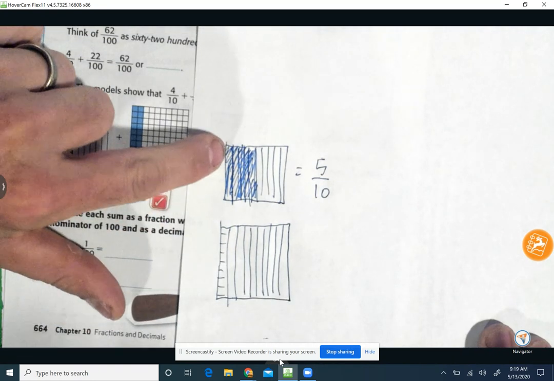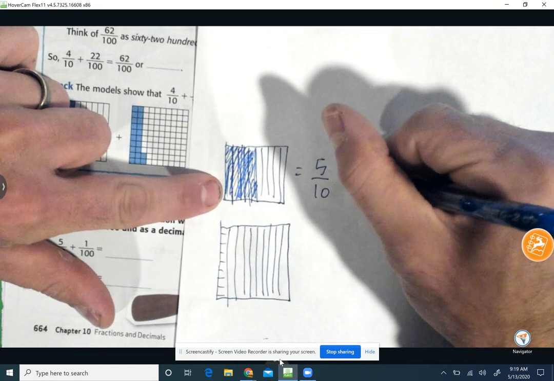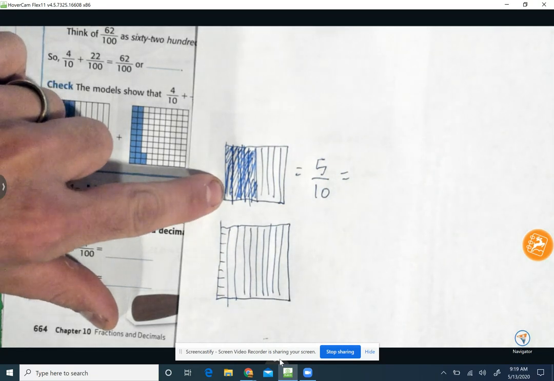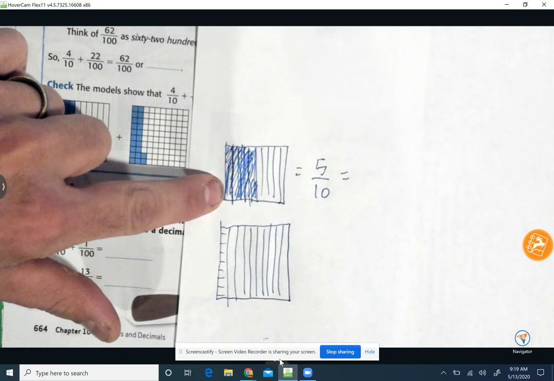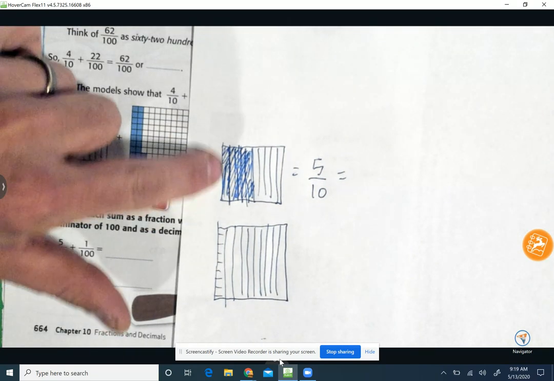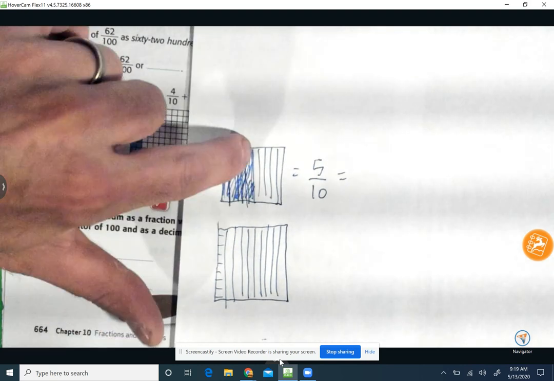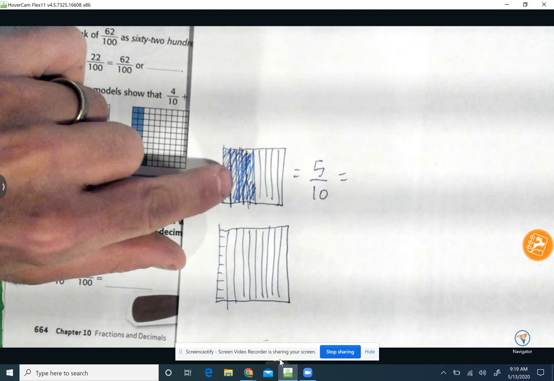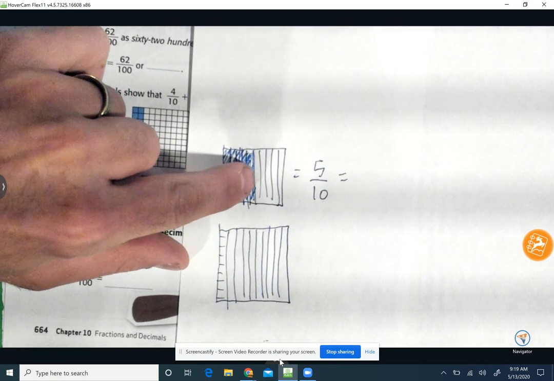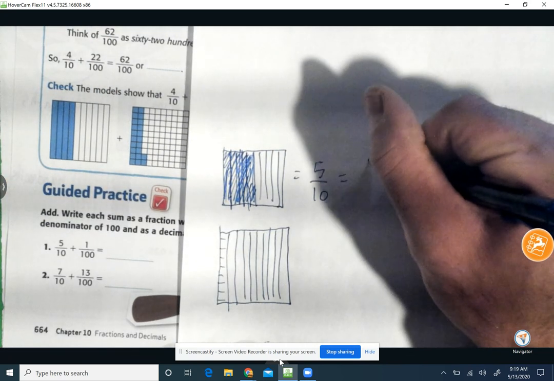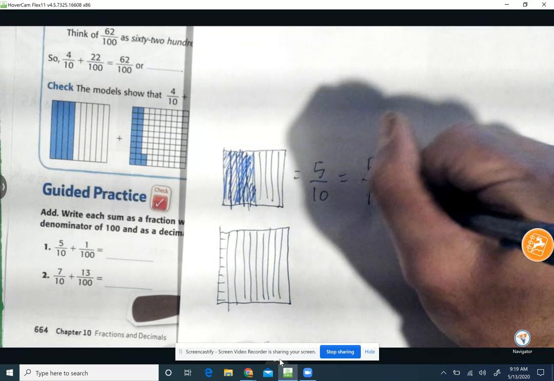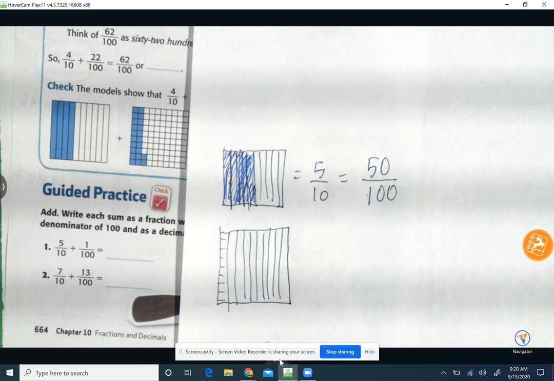And so here, in order to change 5/10 to a fraction with a denominator of 100, we ask ourselves, how many tens are in each one of these 5 bars? We have 10, 20, 30, 40, 50 100ths.